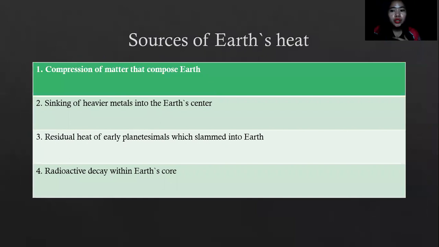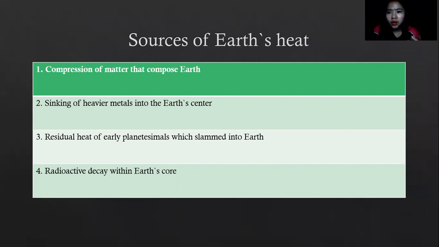Now, the sources of heat, or Earth's heat. First is the compression of matter that composes the Earth. Anything that composes the Earth also aids its heat, because of the compression that happens with the presence of matter, even the rocks.